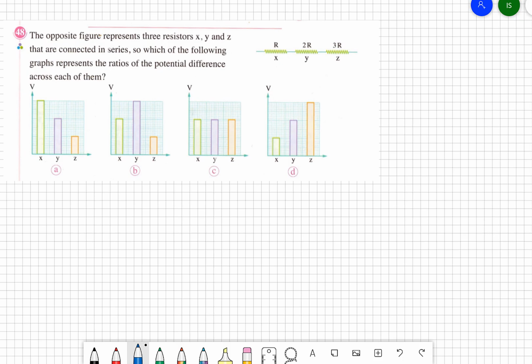The opposite figure represents 3 resistors X, Y and Z that are connected in series. Connected in series means same electric current, right? Same electric current. So which of the following graphs represents the ratios of the potential difference across each of them?